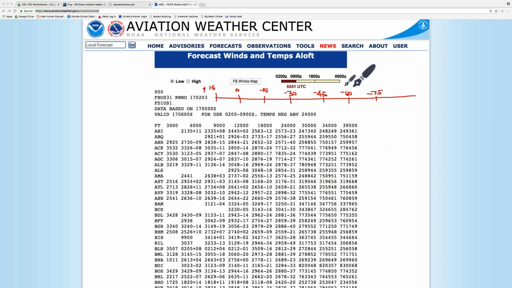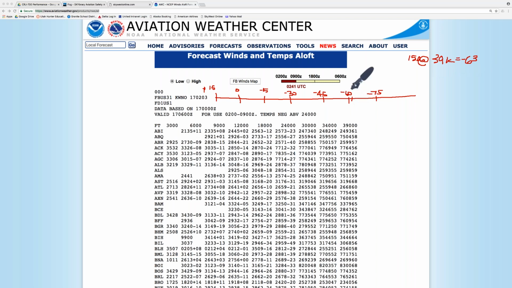Now, ISA at 39K, like we said, equals negative 63 degrees.